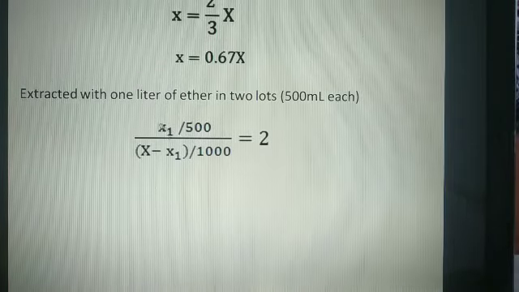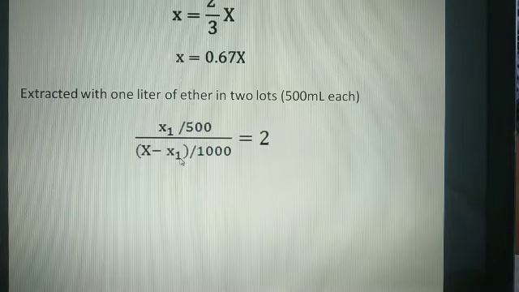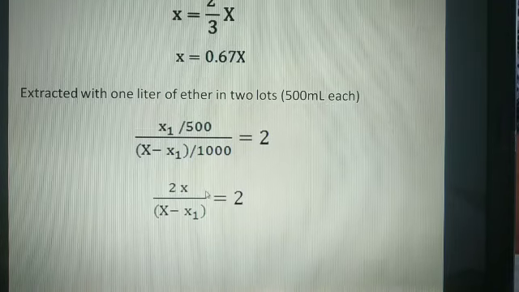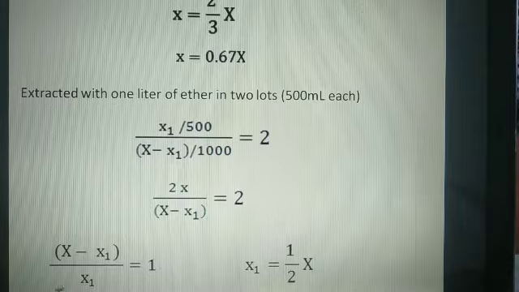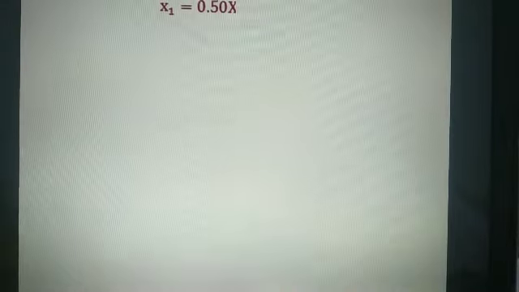Suppose x1 is the amount that passes to the 500 ml, then x minus x1 that is left in the water, that is equal to 2. Go on solving the equation. You will find that x1 is equal to 0.50x, means 50% of the total amount has been extracted when you are using 500 ml ether.